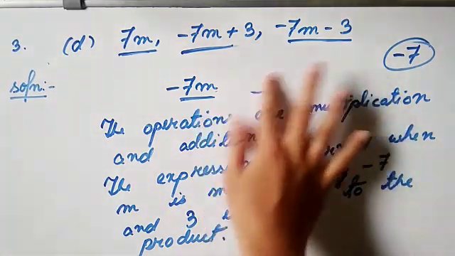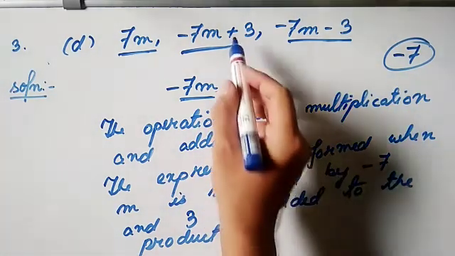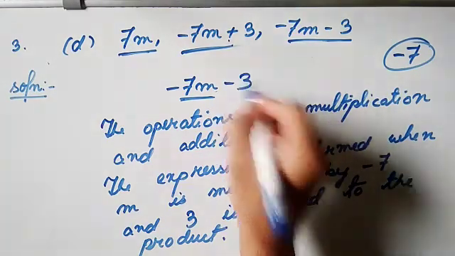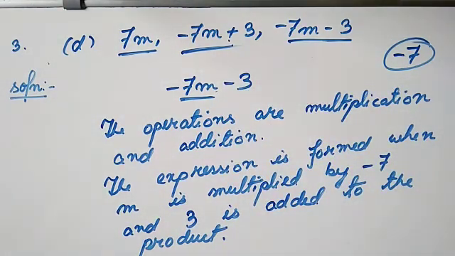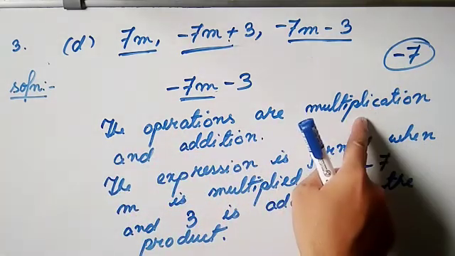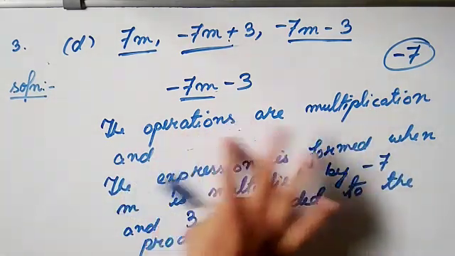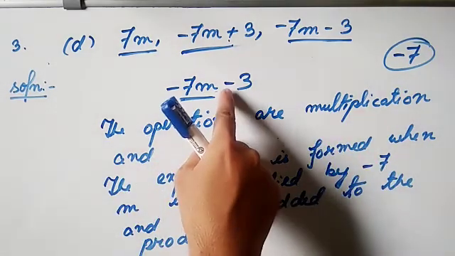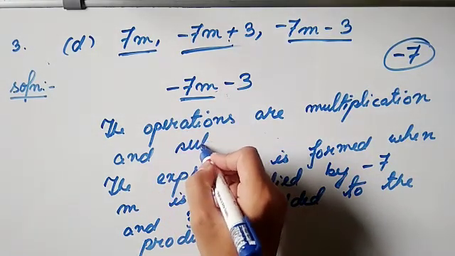Next, we have one more expression. All the values remain the same. Instead of this plus, here they have written minus. So the operation multiplication will be the same, and instead of addition, you just have to change it to subtraction.